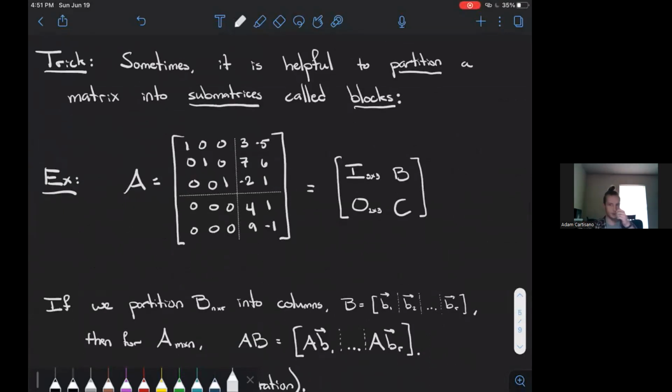Another thing that we can do with matrices, this video is just an overview, is partition a matrix into a bunch of submatrices. We usually call those submatrices blocks. And so notice we've taken some 5 by 5 matrix, right? Okay, that's pretty big. And you may have noticed in our examples, we usually keep the number of rows and number of columns less than or equal to 4, and usually not both simultaneously equal to 4.